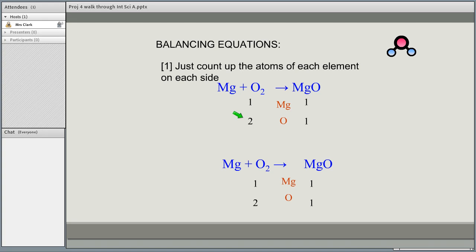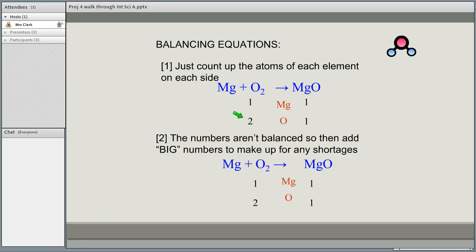How do we get magnesium plus oxygen to be balanced? Okay, we have an imbalance here. So what we're going to do is, the numbers aren't balanced, so we add big numbers to make up for any shortages. And that's a big number.